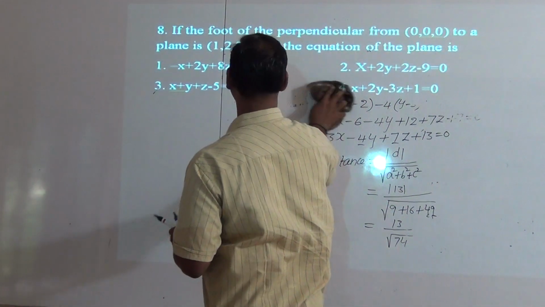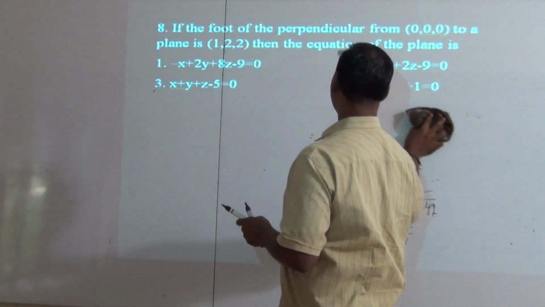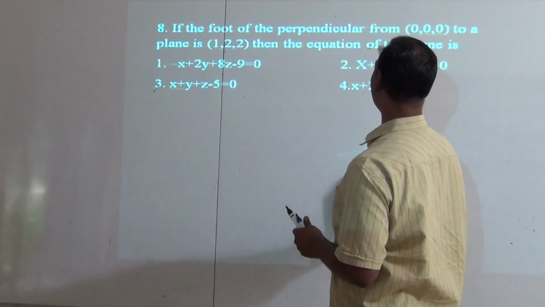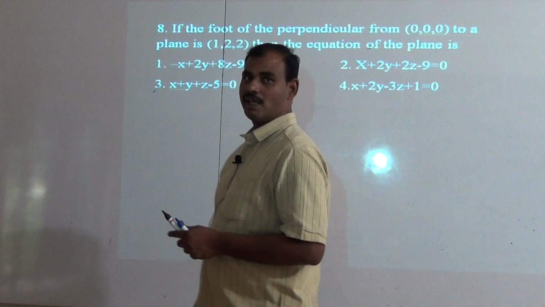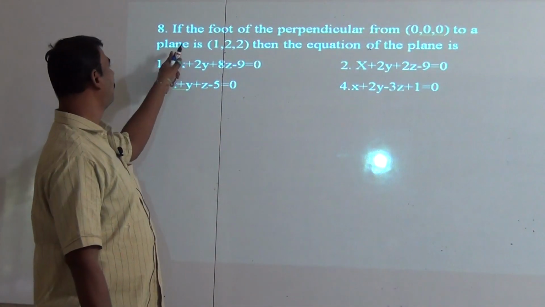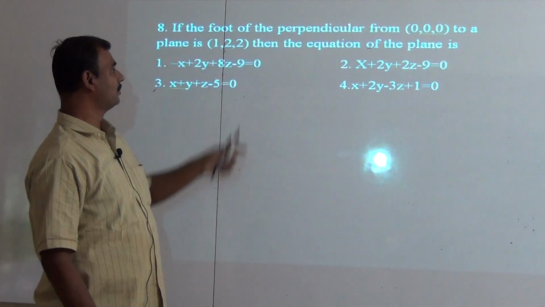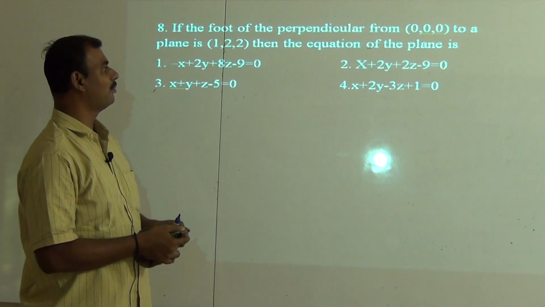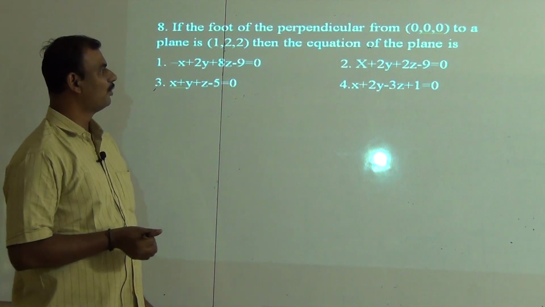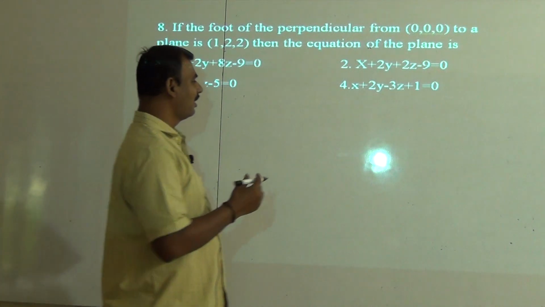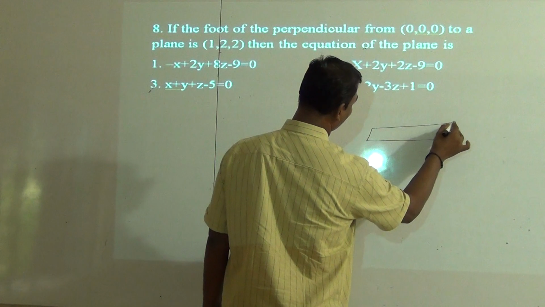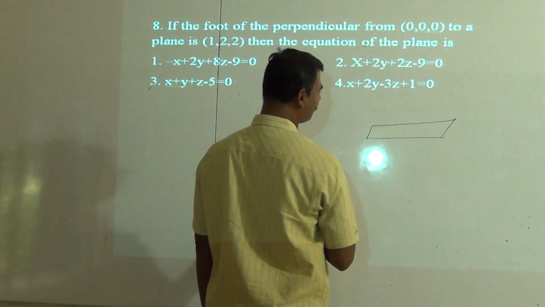Read the problem carefully. If the foot of the perpendicular from 0, 0, 0 to a plane is 1, 2, 2, then the equation of the plane is... Almost the same model question is given. According to the problem we have to take the geometrical figure.